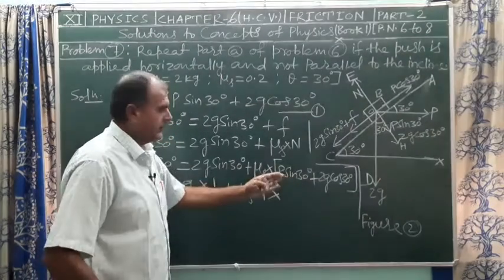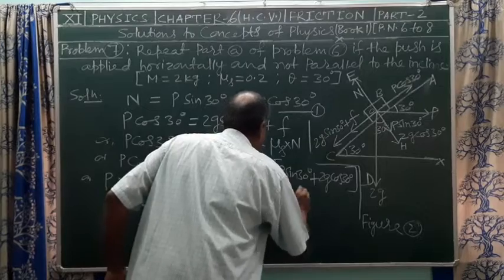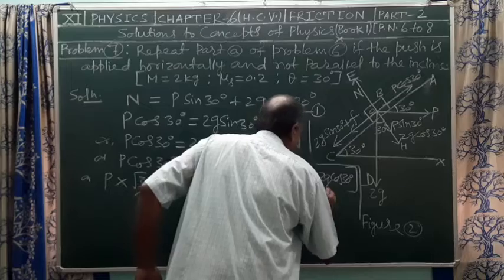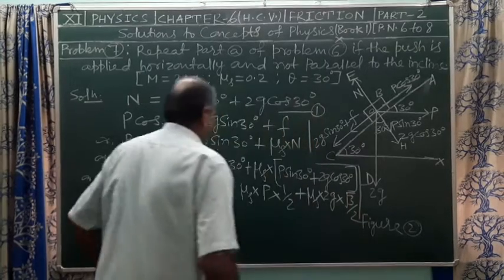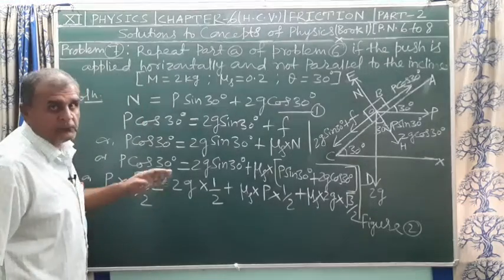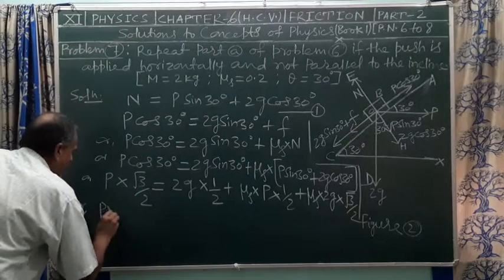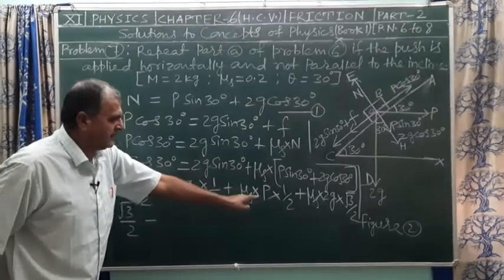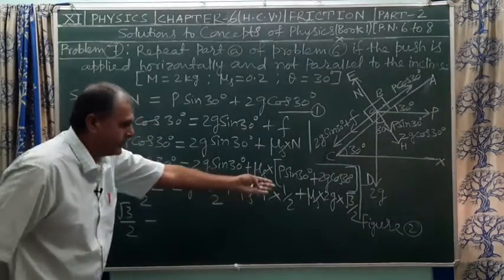Now if we remove the bracket, mu s into P sin 30 is half, plus mu s multiplied by 2g into cos 30, which is root 3 by 2. We have to calculate the external force, the magnitude of the force P. So it is P into root 3 by 2 minus, now in the RHS there is the term mu s into P by 2, mu s into P into 1 by 2, since sin 30 is half, so it is brought to the LHS.